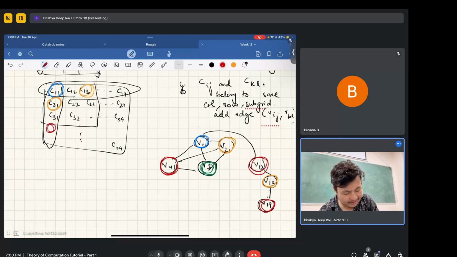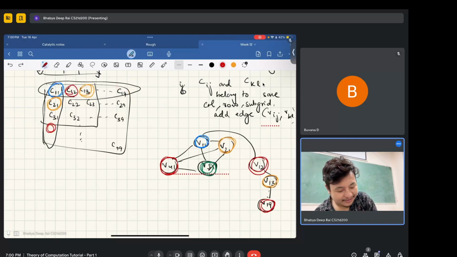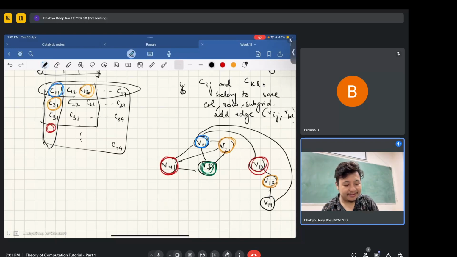V41 is here, and V12 is here, okay, V41 is done. V19, okay, V19 is here, and so on. Oh, okay. Sorry. V19 cannot be assigned that, because V19 will be adjacent to this one, right? So it needs to be assigned some other color. Green.